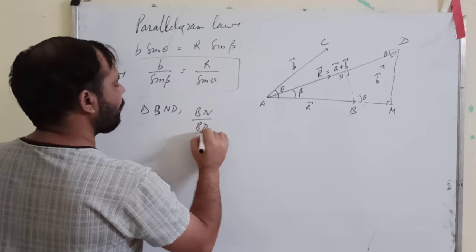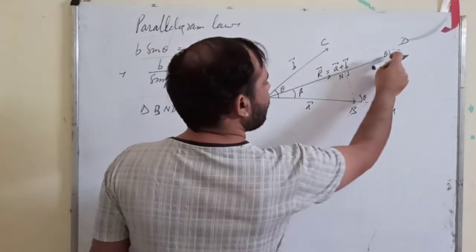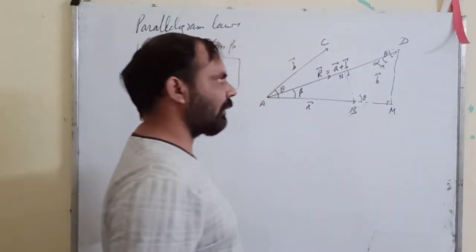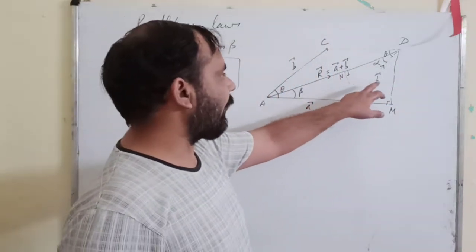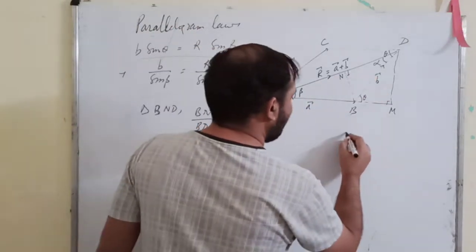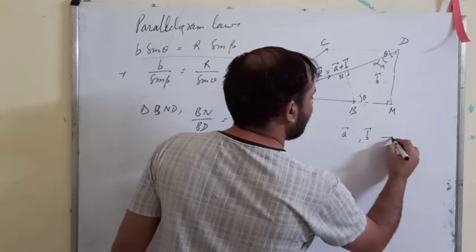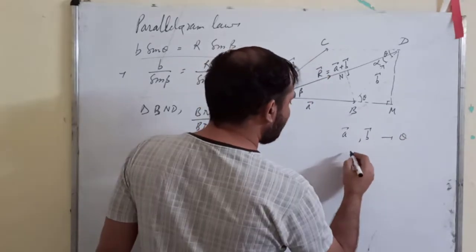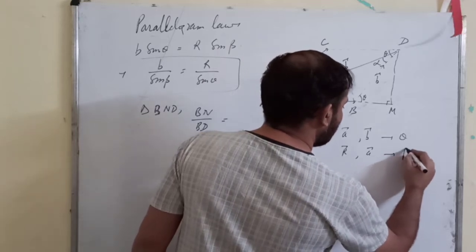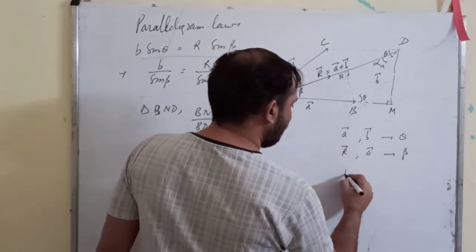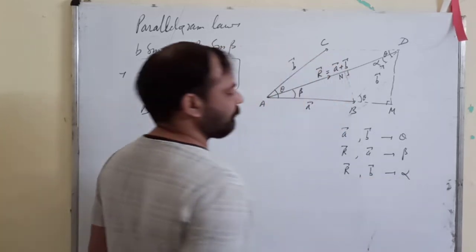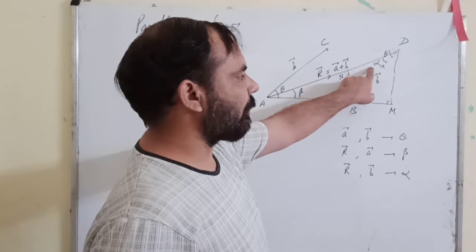Suppose this angle is alpha, the angle between B vector and R vector. The angle between A vector and B vector is theta, the angle between R vector and A vector is beta, and the angle between R vector and B vector is alpha.